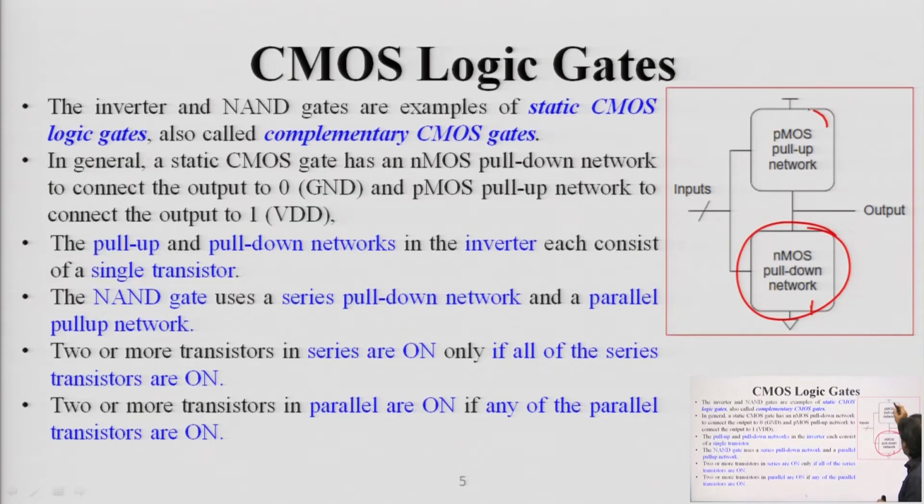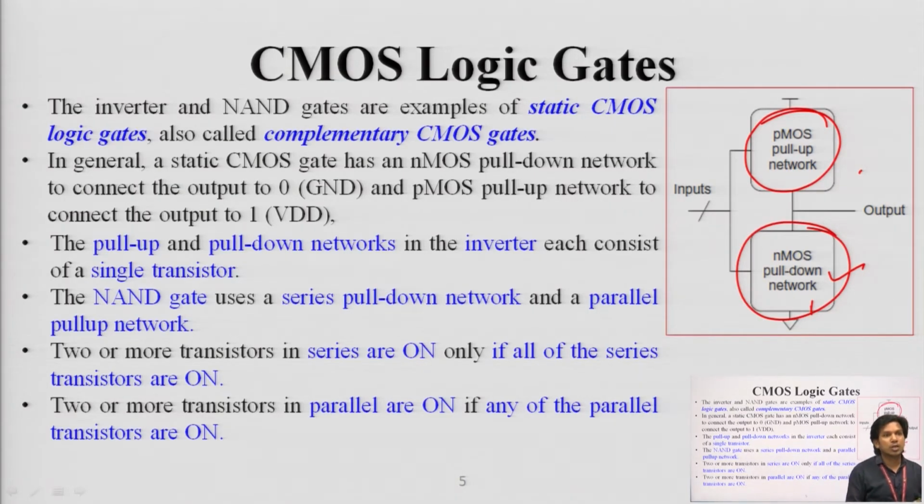Similarly, we also have a pull up network, which pulls up to the high level, that is why it is called the pull up network, and this one is the pull down network. In the NAND gate case we use a series pull down network and a parallel pull up network, as I have shown in the previous slides.